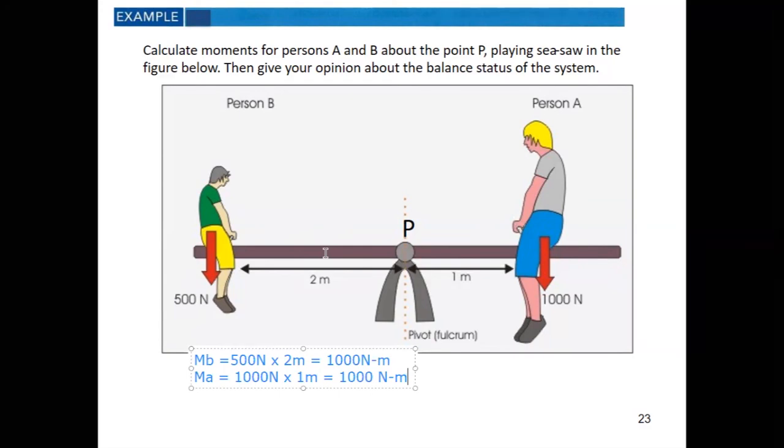If we apply it further from the point of axis, the moment will be more, and we need less force. That is the trade-off between force and distance. That's why they are balancing. If this person moved to 1 meter, then it would be only 500 Newton meter, and this seesaw would start to move towards person A and touch the ground. So this is the trade-off.